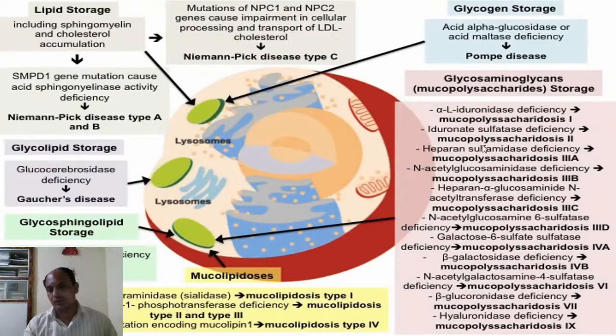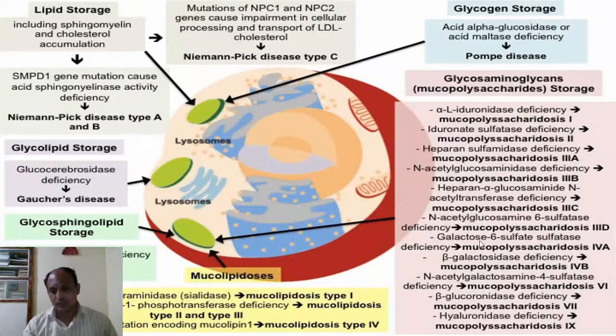Then, these are different types of metabolic disorders that are caused by the deficiency of a particular enzyme. For example, alpha L iduronidase deficiency leads to mucopolysaccharidosis 1. Then iduronate sulfatase deficiency leads to mucopolysaccharidosis 2. Or a heparan sulfamidase deficiency causes mucopolysaccharidosis 3A.